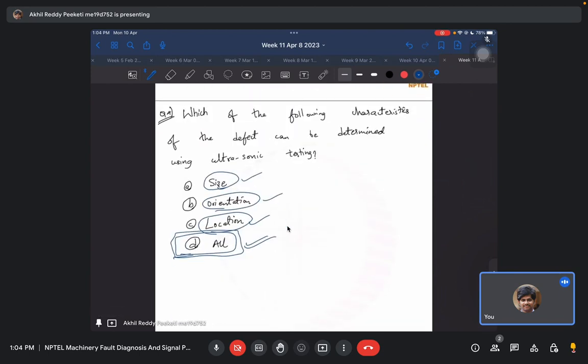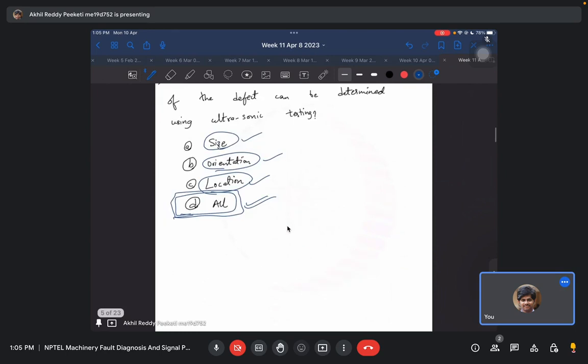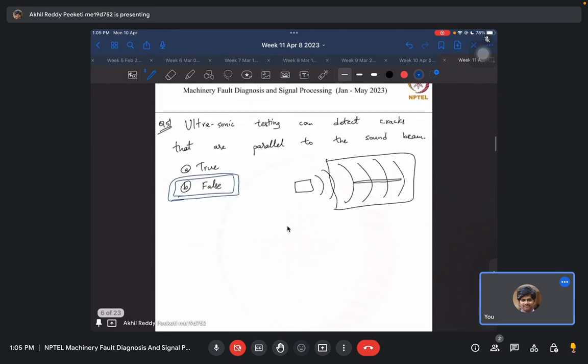Which of the following characteristics of the defect can be measured using ultrasonic testing? You can actually measure the size, orientation, and location. All these three you can characterize using ultrasonic testing. And if the crack is parallel to the sound beam, then such cracks cannot be identified using ultrasonic techniques.